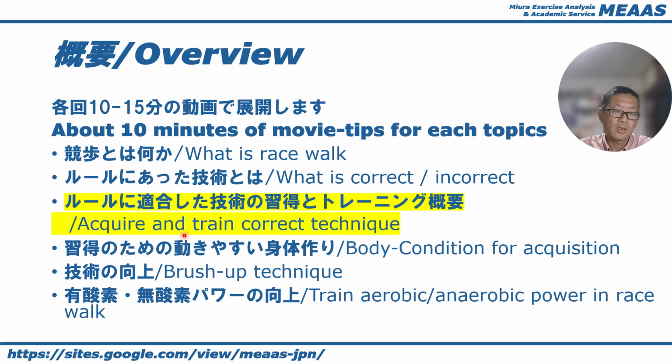After that, I talk about the body condition, articulation, and muscle training for the acquisition of core technique. And next, I talk about brush-up technique. And after, I talk about the training of aerobic and anaerobic power in race walking.